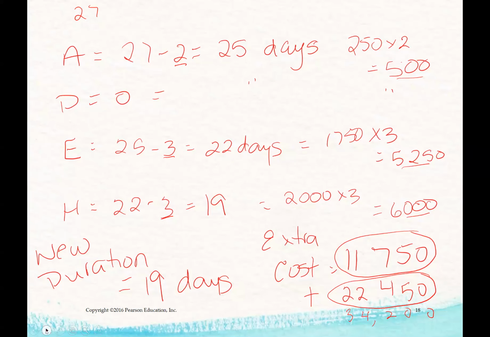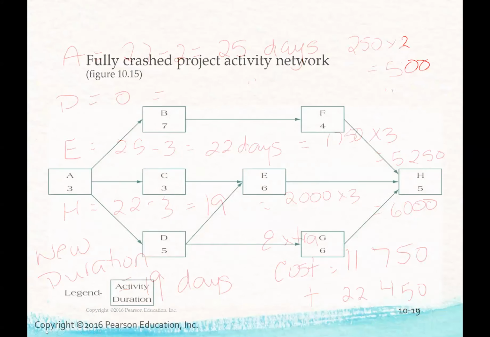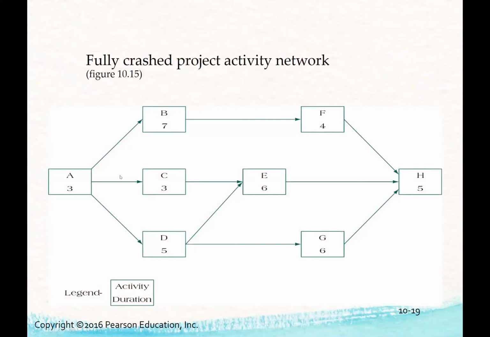And if we actually plot it out and were to redo and put in the new durations for each of these activities that we crashed, you'll see that the actual duration, adding up the critical path, is 19 days.